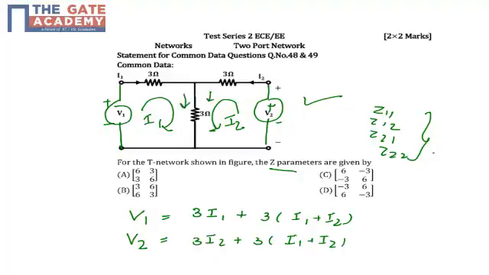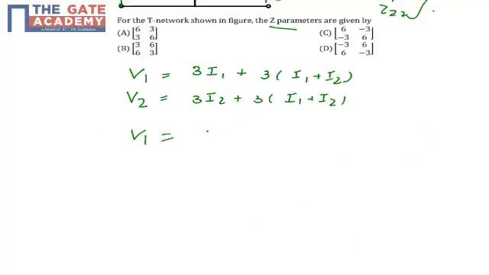Now if I rearrange both the equations, the first equation comes out as 6I1 plus 3I2. Similarly, the second equation will be 3I1 plus 6I2.